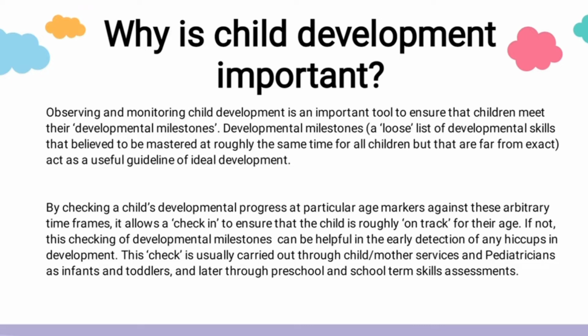If not, this checking of developmental milestones can be helpful in the early detection of any hiccups in the development. And this check is usually carried out through child or mother services and pediatricians as infants and toddlers, and later through preschool and school terms skills assessment.